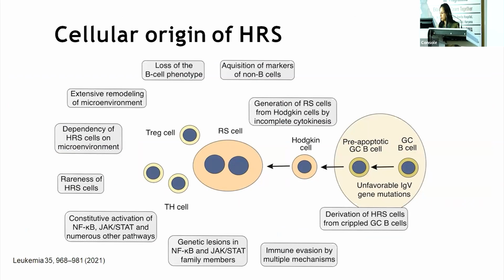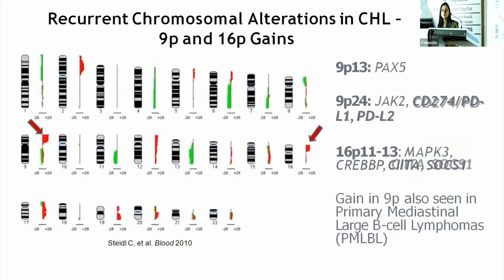So they have B cell origin. And what about the mutations they have? They have a lot of 9p alterations, which involve the PAX5 gene, and that's why the PAX5 expression. Then at 9p24 you have PDL1 and PDL2, and that's why you see these expressions on IHC, and there are other markers.